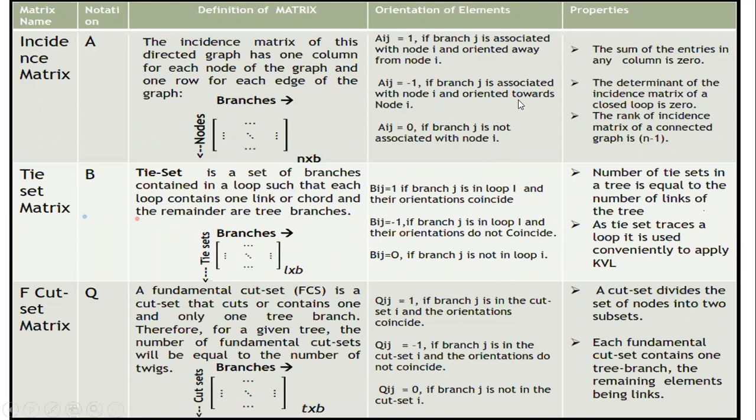So this is the table. We'll go for the detail now.